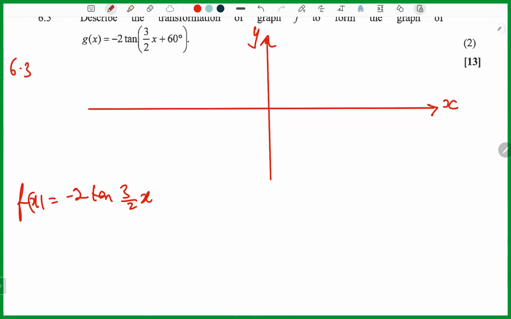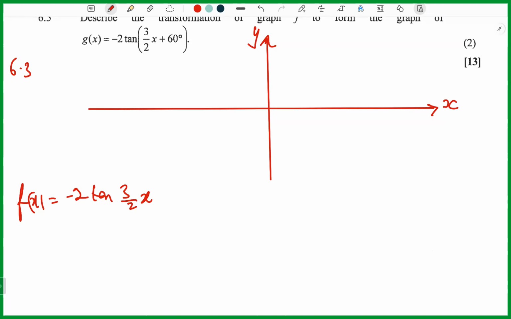Now, a couple of things are very important for this graph. You need to determine the appropriate graphing step of this function. So we need to find the graphing step of this function.